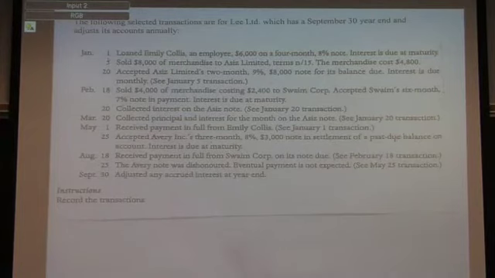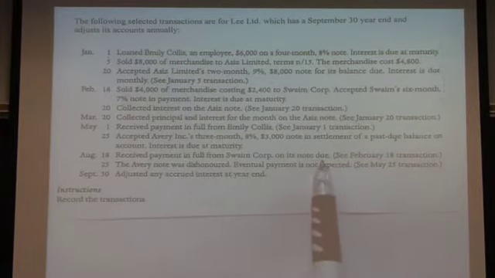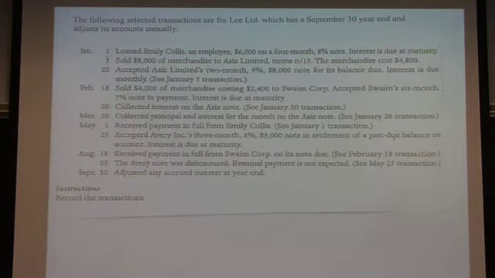On August the 18th, they received payment in full from SWAM Corporation and its note that is due. And remember that SWAM basically had a $4,000 note and a 7% interest.